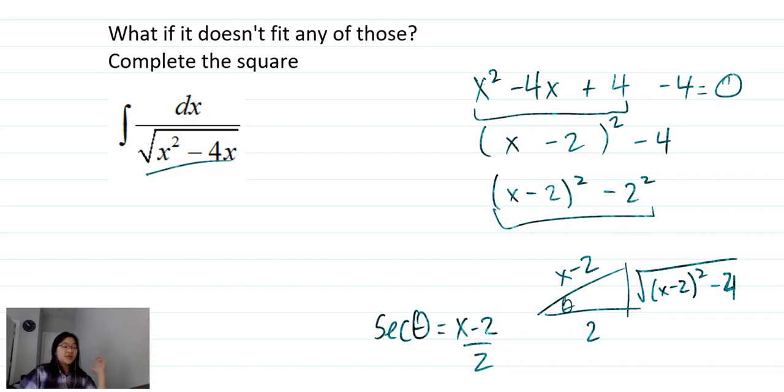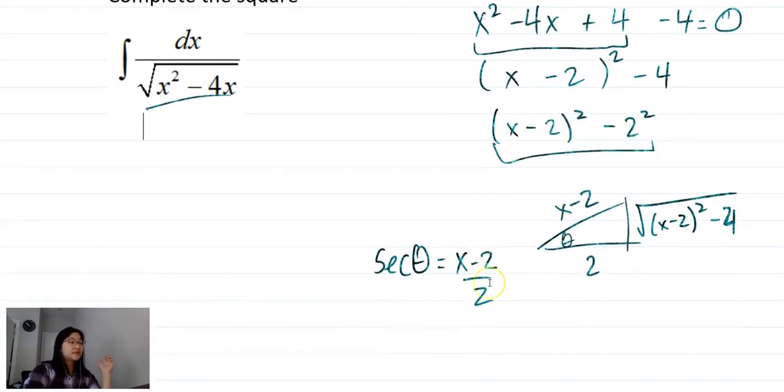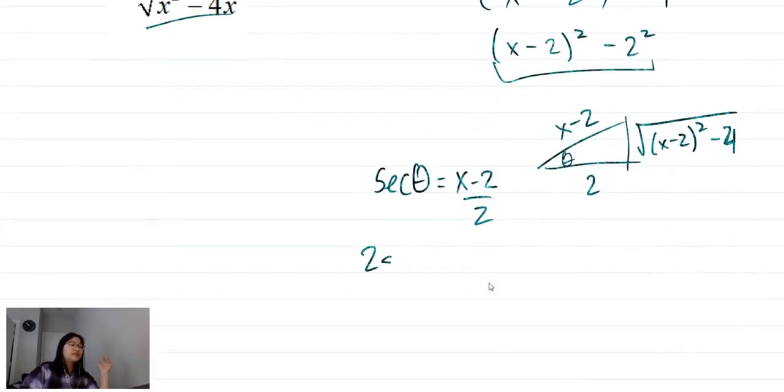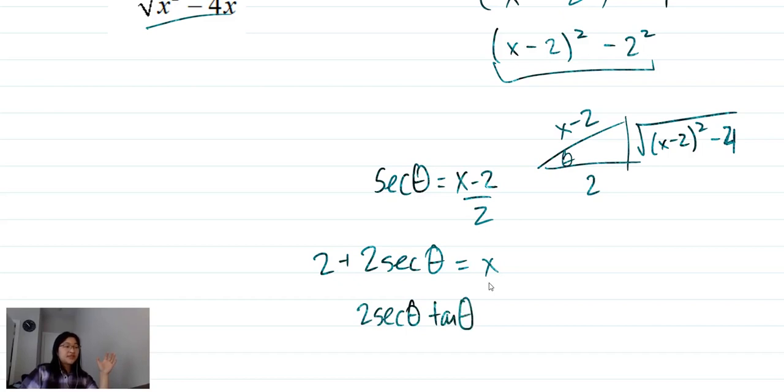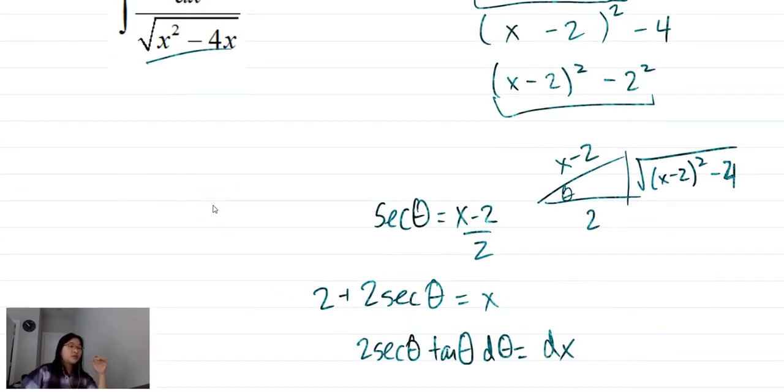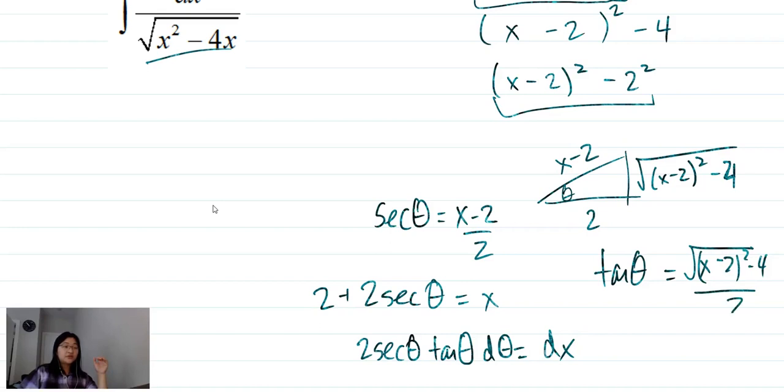Okay. If we move things around, then we get 2 secant theta is going to be x minus 2, so if we add 2 over here, then that's okay. And then let's differentiate. So we get 2 secant theta tangent theta d theta equals dx. And this tangent theta is going to be root of x minus 2 squared minus 4, all over 2.